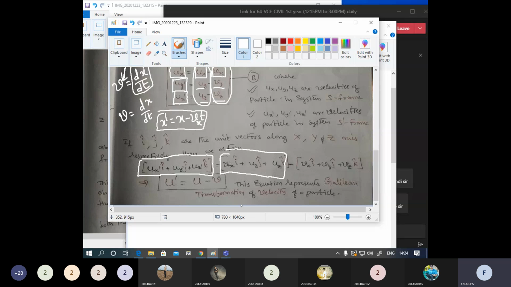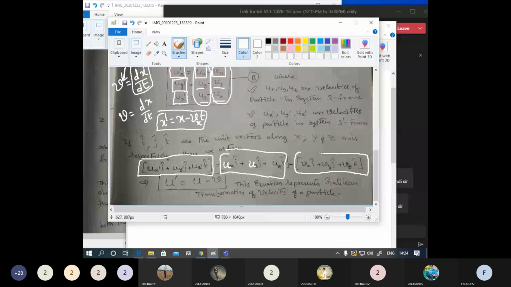Now you convert here, it is u here, you make the correction here, and here also it is u, like v, but it is u. Here this is regarding the movement of the frame S prime.